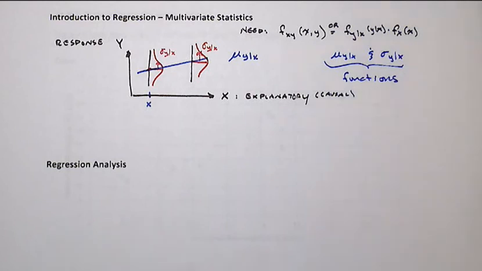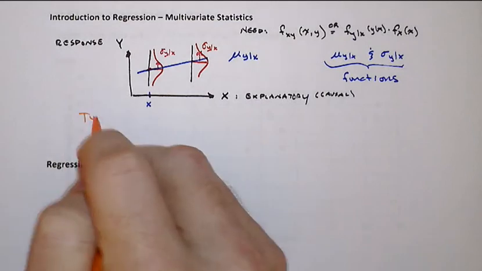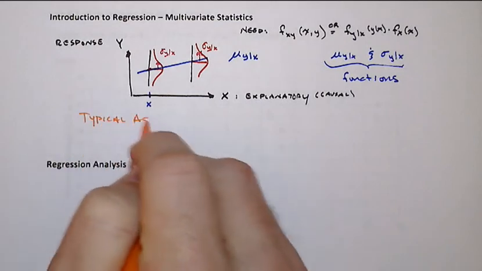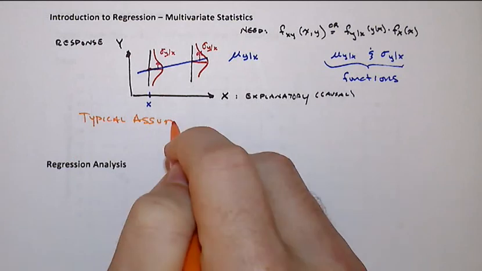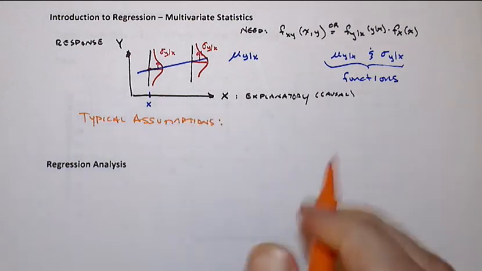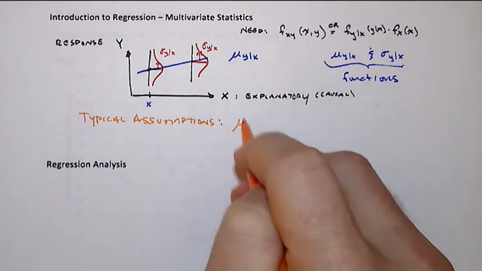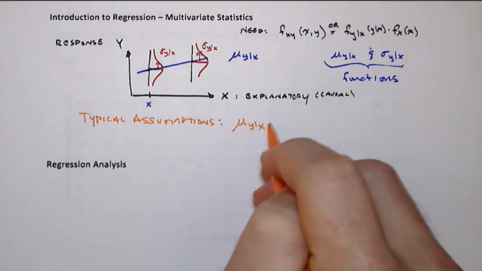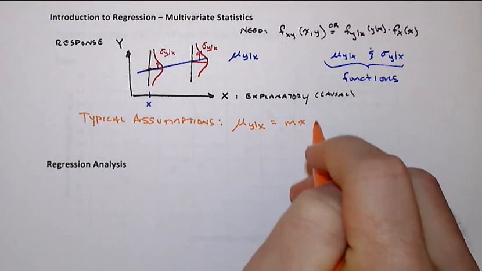That's in general. Now, the typical assumptions that we employ in these regression models are that first, our conditional mean will be of a straight line form.